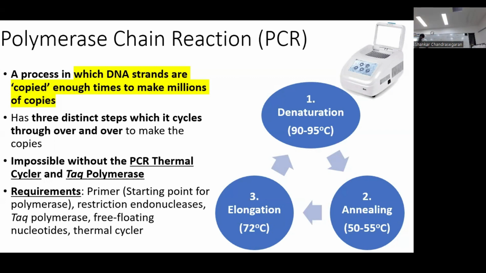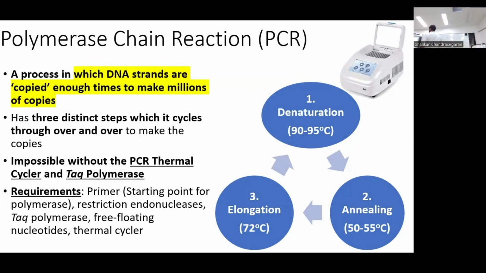Okay, this process of creating millions of copies is impossible without two things. One is the machine itself, which is able to undergo this process in a cycle multiple times. Second is an enzyme. This enzyme is actually an example of DNA polymerase. We call it Taq polymerase because of where it's coming from.